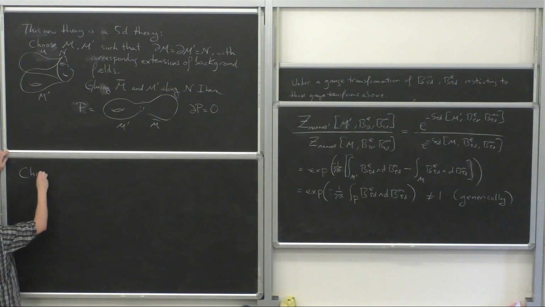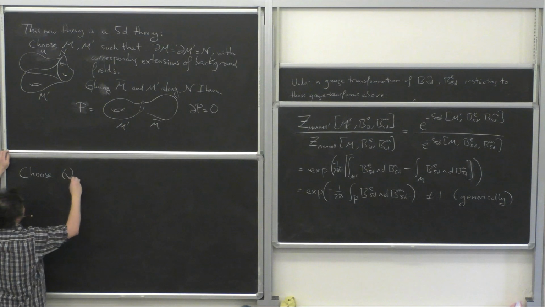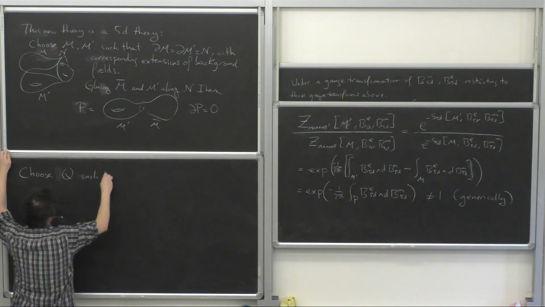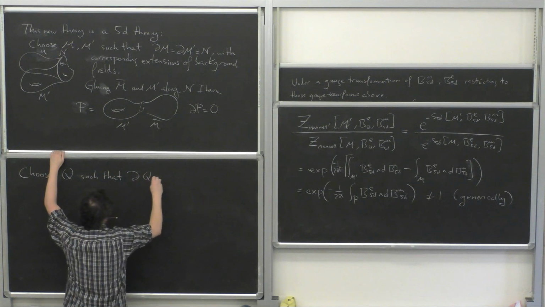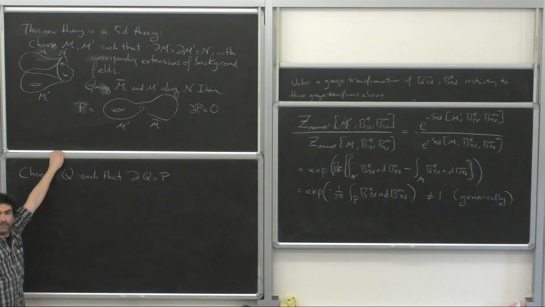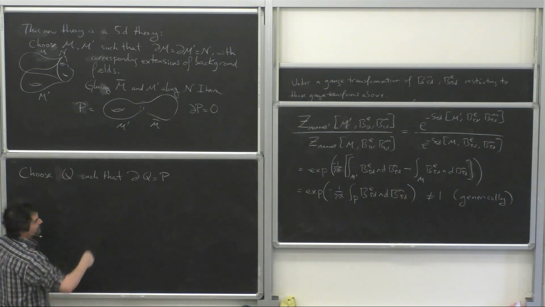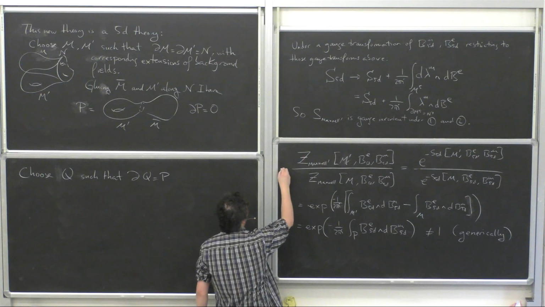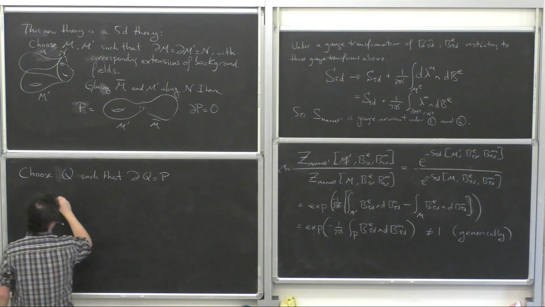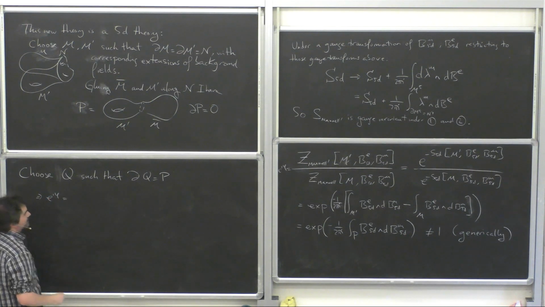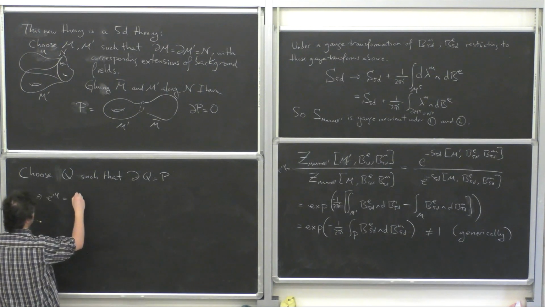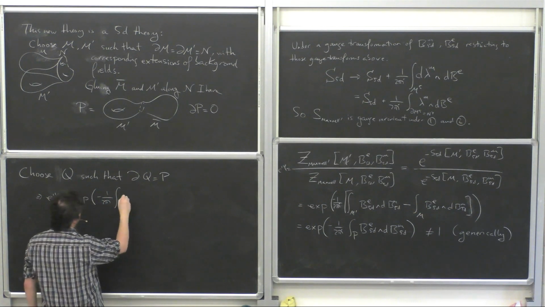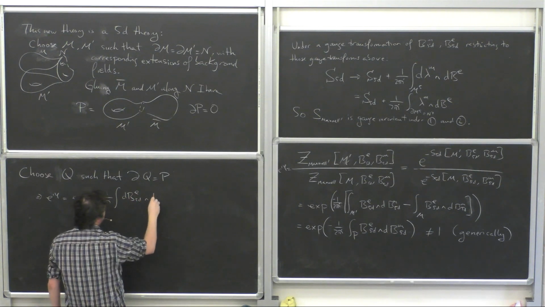So choose some Q such that the boundary of Q is P. And then the thing I computed there, this factor here, let me give it a name, e to the phi. e to the phi, by Stokes, is the exponential of minus 1 over 2 pi i integral over Q of dB_E 5D which dB_M 5D.